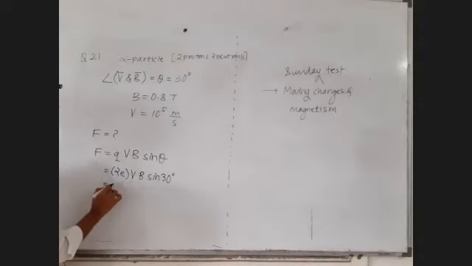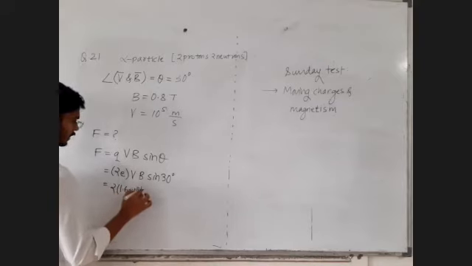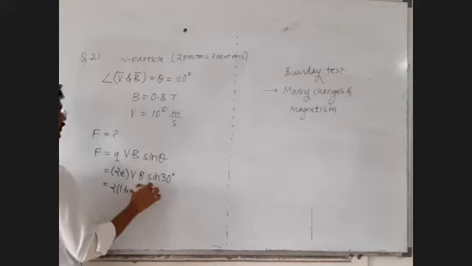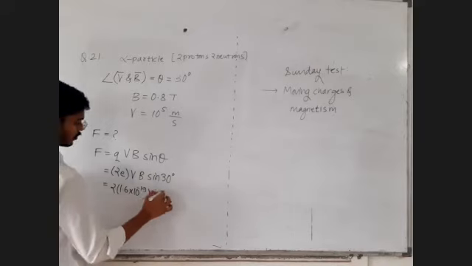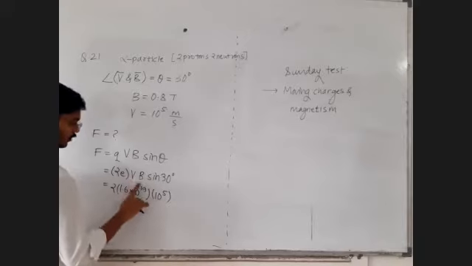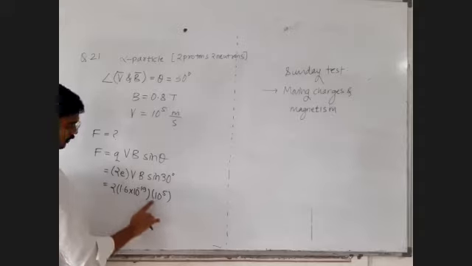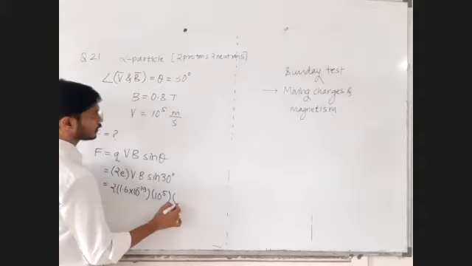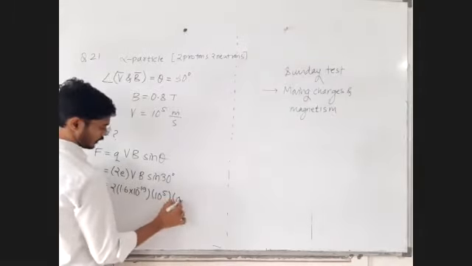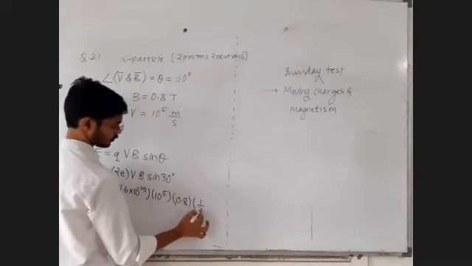Now put the values: 2 times 1.6 into 10 raised to minus 19, velocity is 10 raised to 5. Whenever you do the substitution, put brackets so that you know what you have substituted: e, v, magnetic field B is equal to 0.8 Tesla, sin 30 is 1/2.